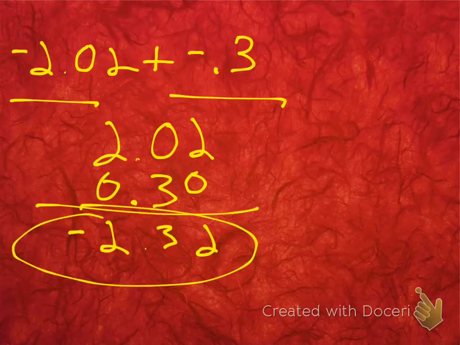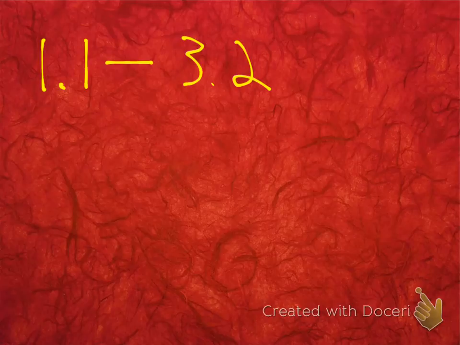Now, if I were to give you 1.1 minus 3.2, I still want to say, okay, minus is also, we're going to change it to plus a negative. Now we're back to our rules.